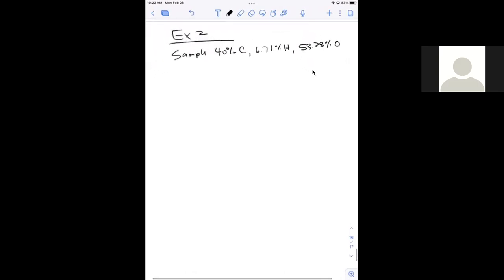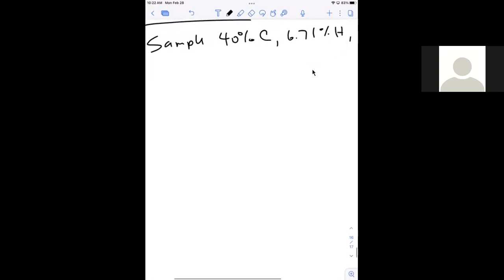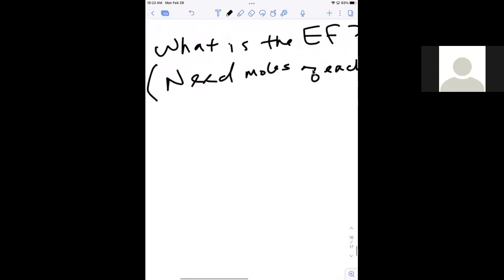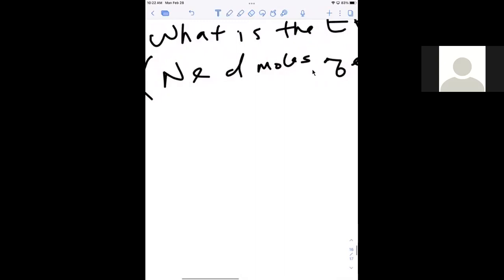All right. So again, we want to know the empirical formula. And you know, for the empirical formula, you have to have moles of each one of those elements. You need the number of moles of each one.